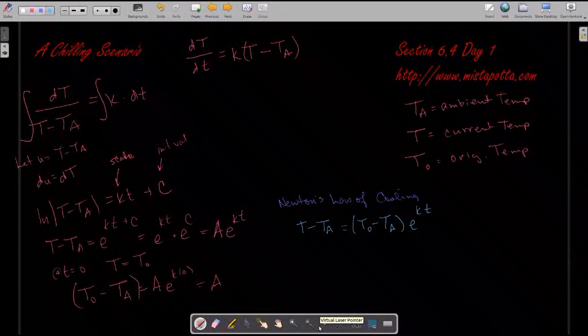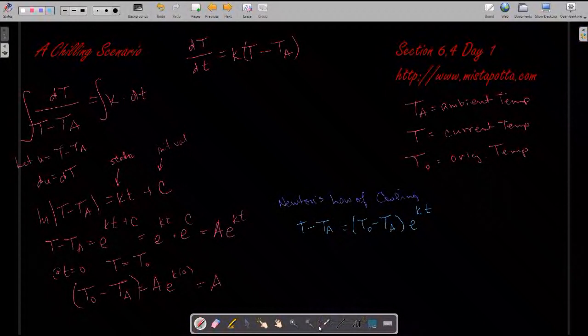And so this is my Newton's law of cooling, and even though it says cooling, we can use this to describe situations where we're heating something up as well as cooling something down.